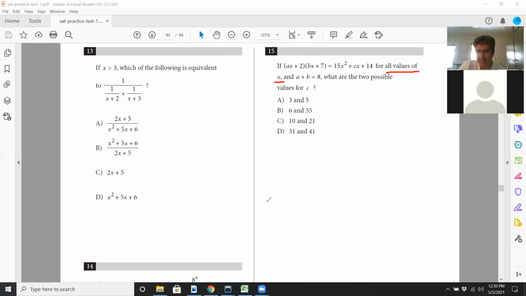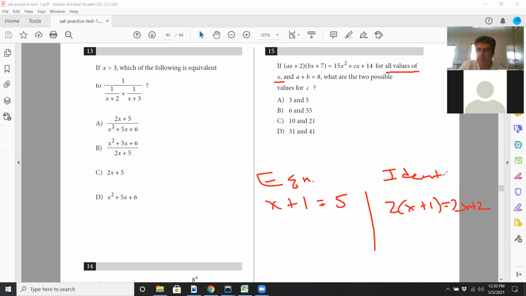Let's get a little bit more technical here. Let's say I give you these two statements. This I call an equation. This I call an identity.